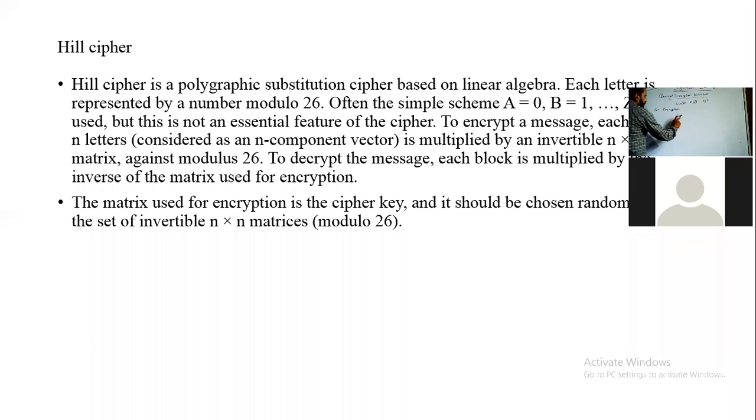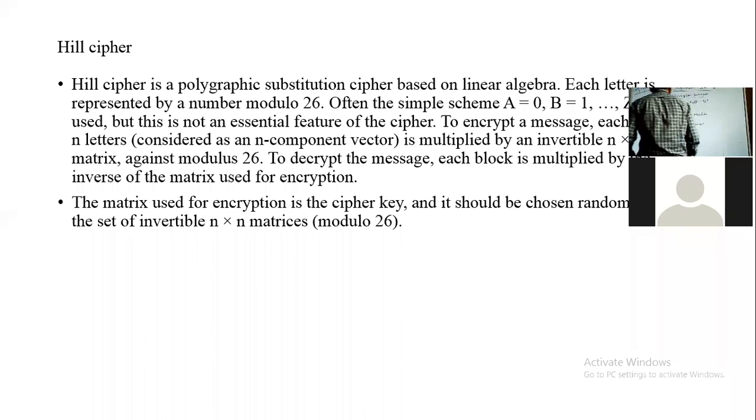So C is equal to KP mod 26. What is C? C is the cipher text. K is the key, and P is the plain text. Plain text means the original message.